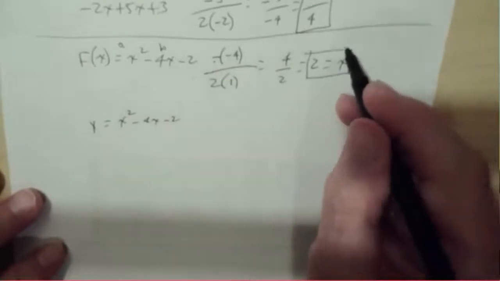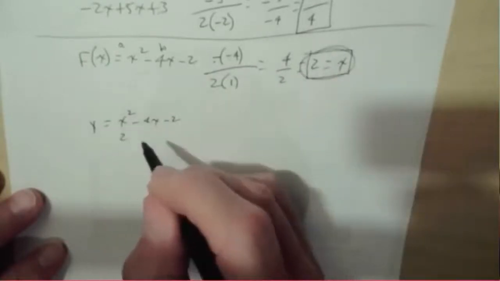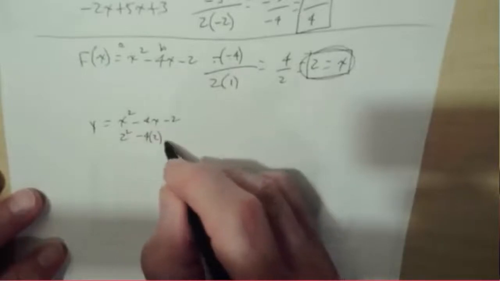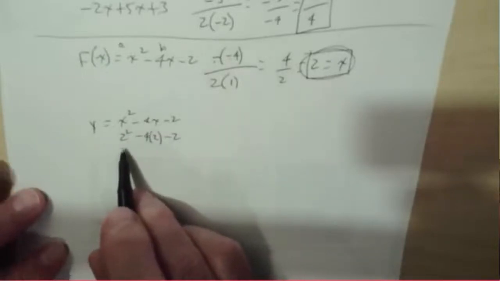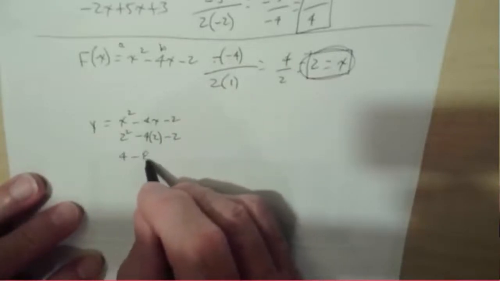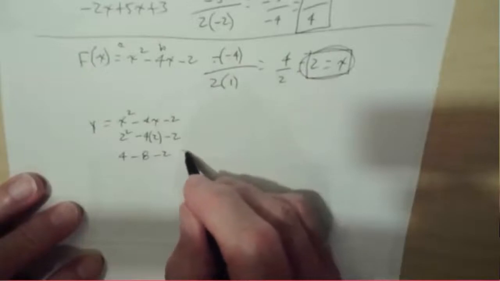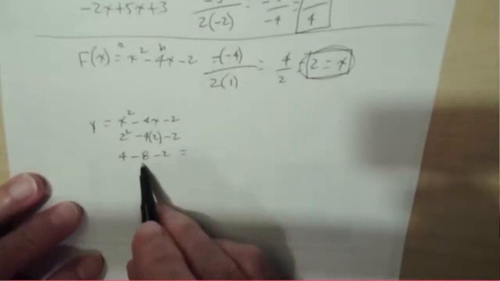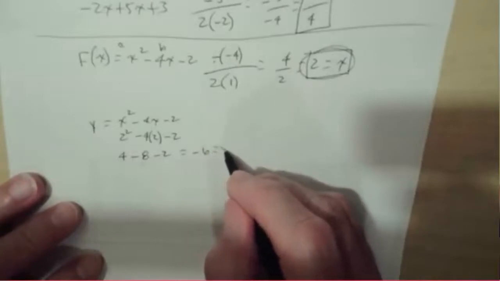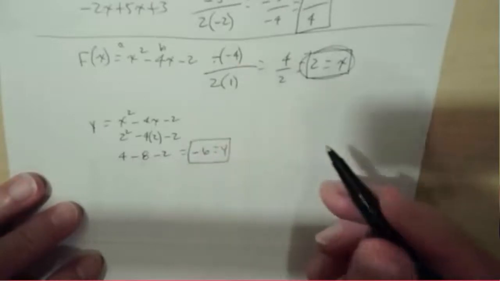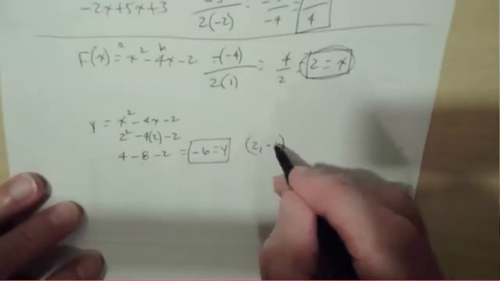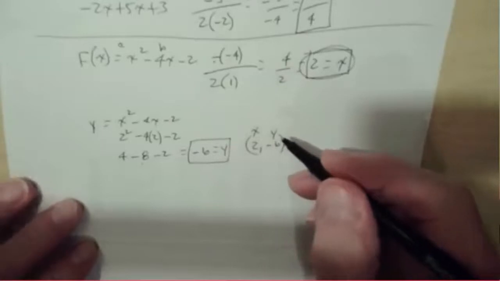Now we're going to plug in 2, x is 2, wherever there's an x: 2 squared minus 4 times 2 minus 2. Now we do order of operations, so we get 4 minus 8 minus 2, negative 4, negative 6. And that's our y. So our vertex here is 2, negative 6. Remember, they're always in the form x, y.